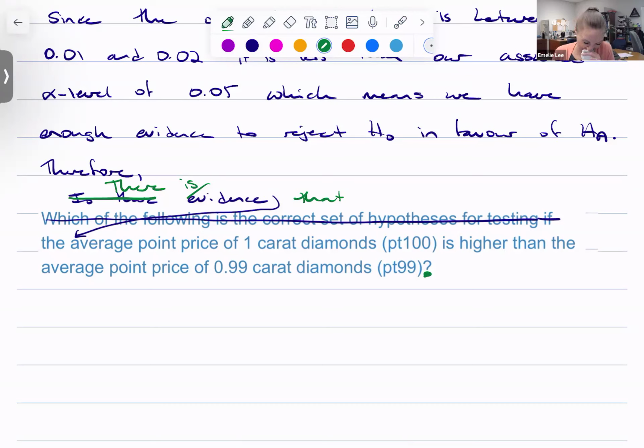Now, a common follow-up question then would be what? Okay, so I've established that the point prices of 1 carat diamonds are significantly higher than 0.99 carat diamonds. The follow-up question might be how much more, right? And so then we do a confidence interval.